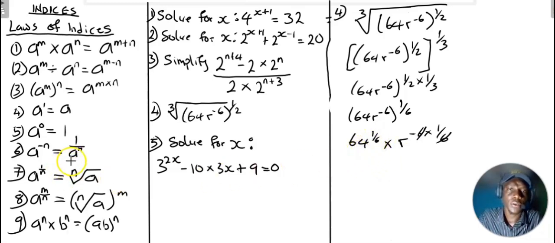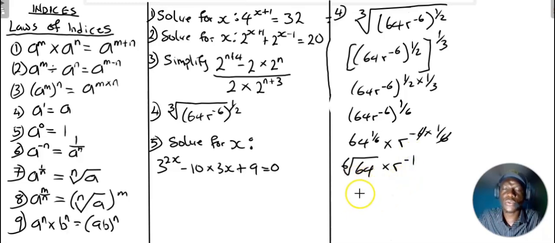When a number is raised to a fraction, the denominator will be the root of that number. So this is going to be the 6th root of 64 times r raised to power minus 1. The 6th root of 64 is 2. So we have 2 times r raised to power minus 1.